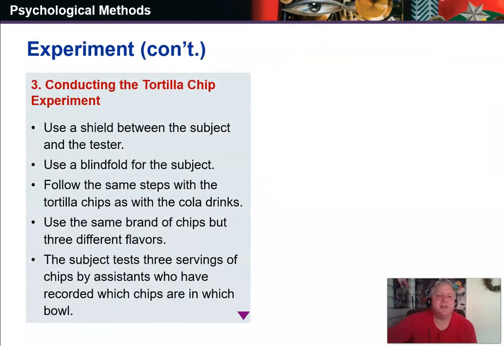Follow the same steps with the tortilla chips as with the cola drinks, using a shield and a blindfold. Use the same brand of chips but 3 different flavors. The subject tests 3 servings of chips from the assistants, who have recorded which chips are in which bowl.